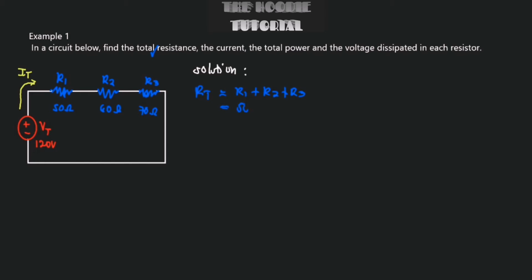R1 is 50 ohms, R2 is 60 ohms, and R3 is 70 ohms. Therefore we would have an RT, a total resistance, of 180 ohms. This is the total resistance of the circuit.